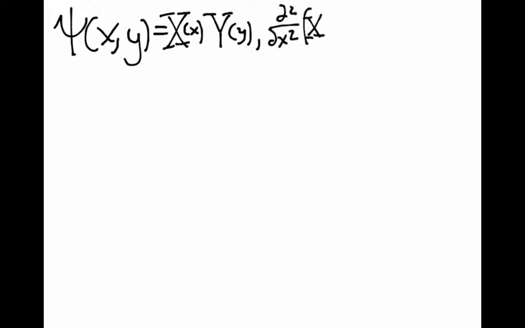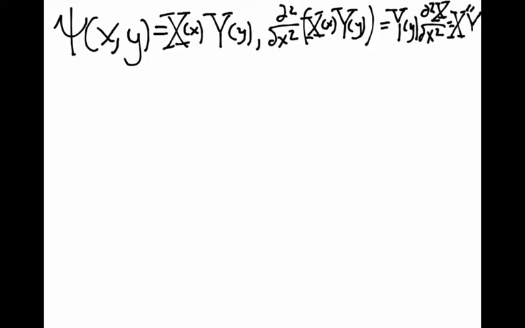The reason this is useful is that if I take a partial second derivative with respect to x on X of x times Y of y, well, Y of y is not a function of x, and so it comes rolling right out. It's basically a constant as far as that second derivative, because partial says just look for the x's, ignore the y's, ignore anything else. So the Y of y part of that function just comes sailing right out.